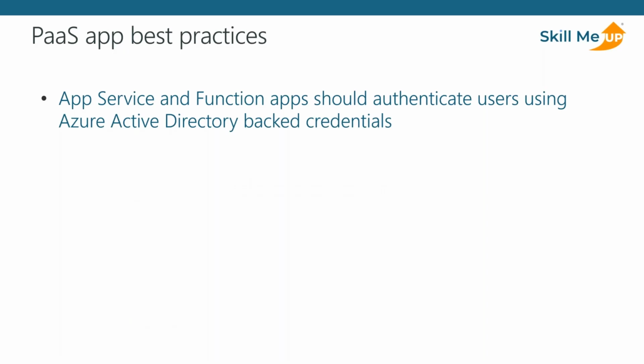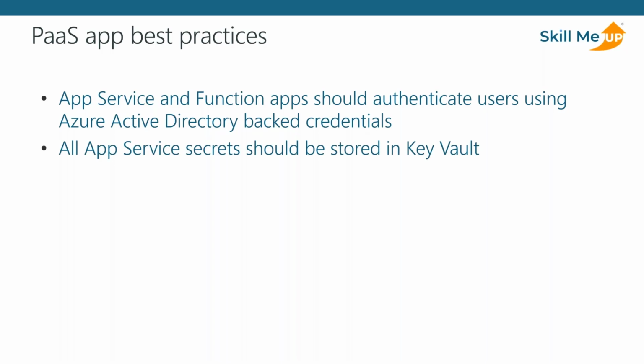And for your application logic, as I mentioned earlier, Azure Active Directory should not be used only for authenticating users, but also for using managed identity to create Azure Active Directory identities for your Azure App Service and Function App and other services such as virtual machines as well.